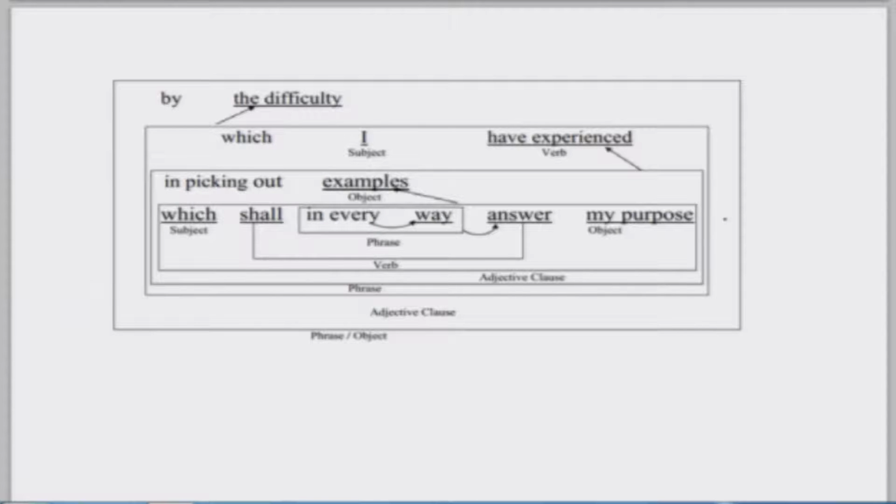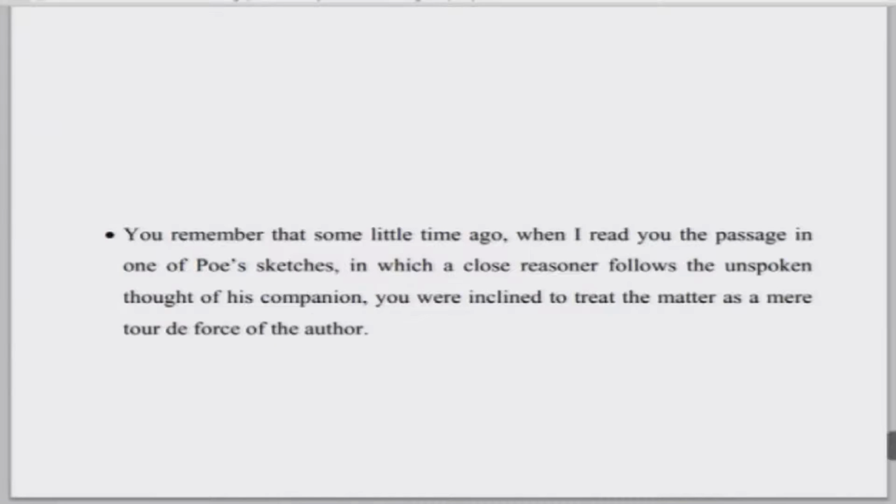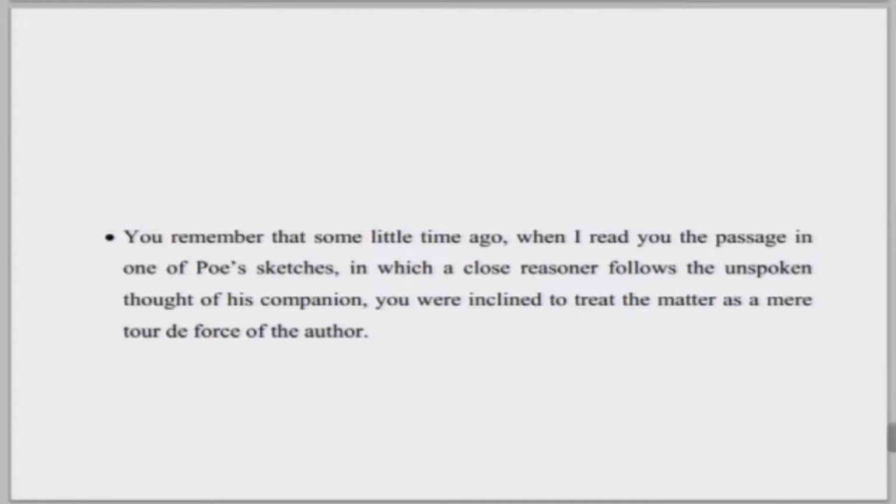The next sentence is also long, but not this long. You remember that some time ago, when I read you the passage in one of Poe's sketches, in which a close reasoner follows the unspoken thought of his companion, you were inclined to treat the matter as a mere tour de force of the author.